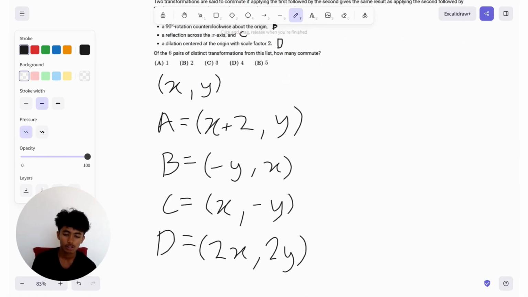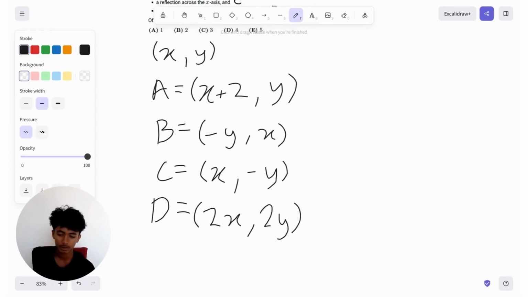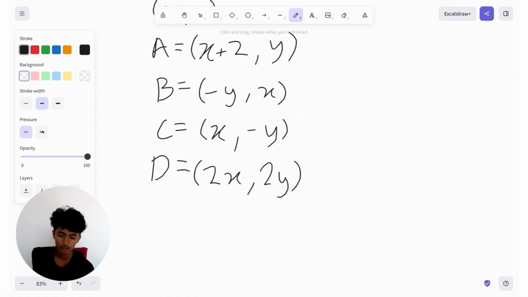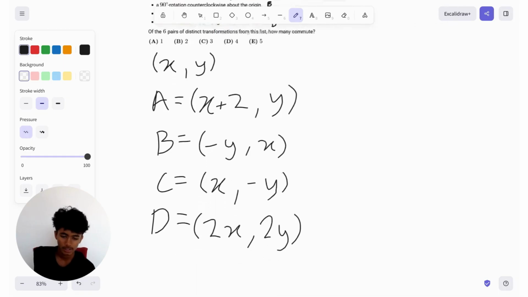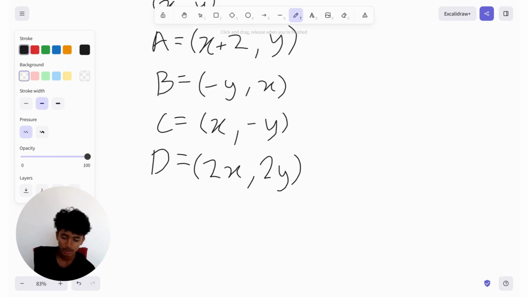Okay, so now with this information, we can start determining pairs and seeing whether or not they commute. So let's use a sort of FOIL method on this. We'll first do A to B, then A to C, then A to D, then we'll do B to C, B to D, and then C to D.